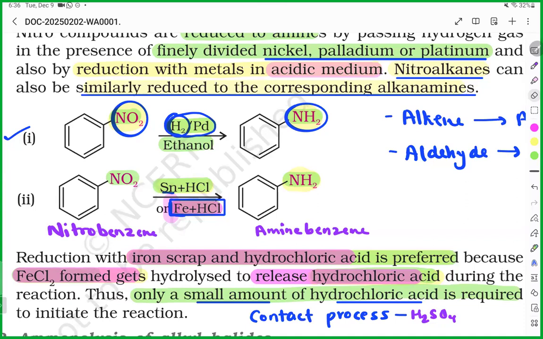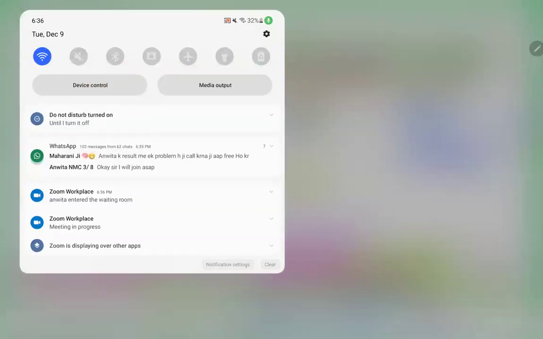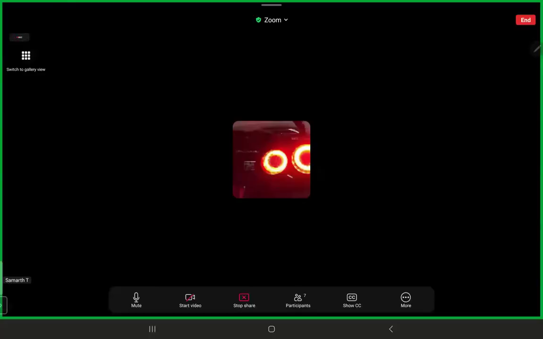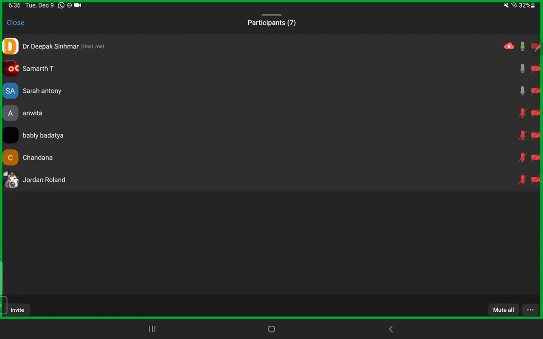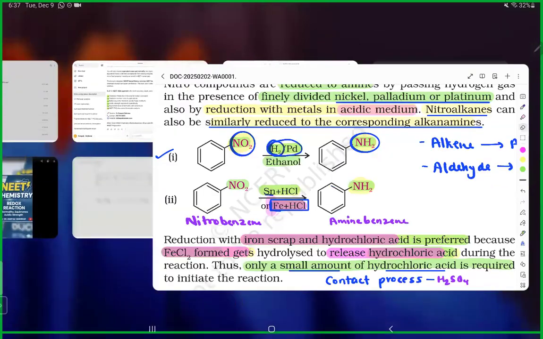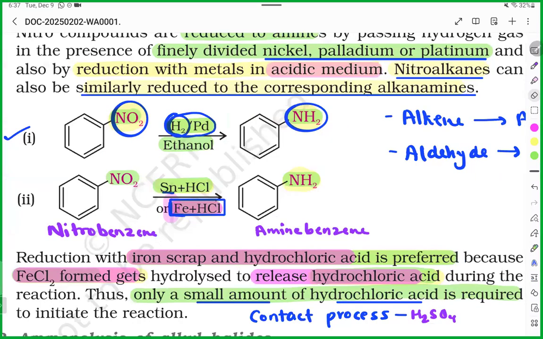Nitro group is a substituent, sir, more than functional. You are close. You can evolve your answer in a better way. Is it a common name, sir? No.